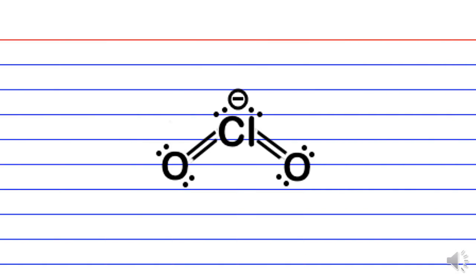Alright, so chlorite is also bent, has 2 lone pairs of electrons, but in this case it also has a negative formal charge, giving the overall ion a charge of -1. Okay, so this whole thing has a charge of -1. And this structure makes sense, so just take it all in.